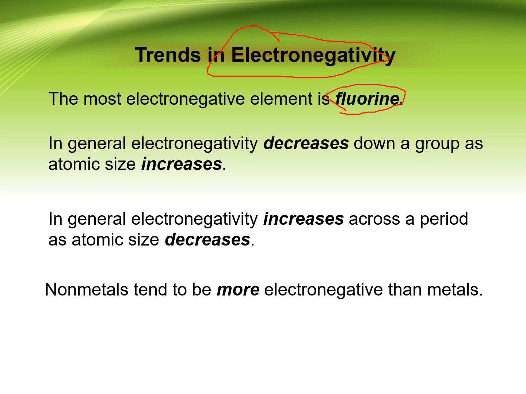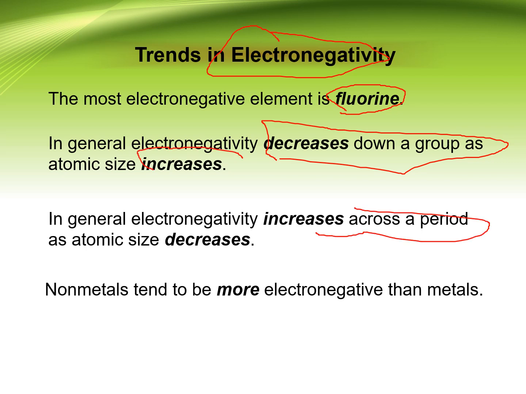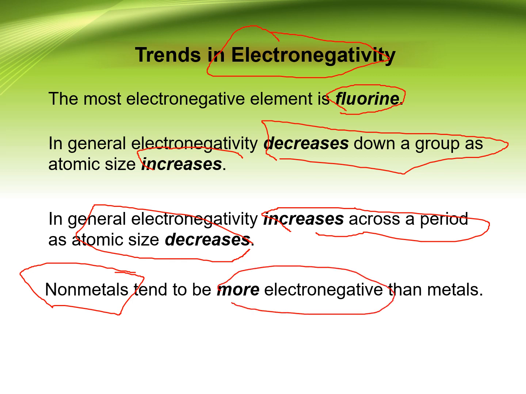In general, the electronegativity decreases down a group as atomic size increases, and the electronegativity increases across a period since the atomic size decreases across a period. Since nonmetals receive electrons, they tend to be more electronegative than metals.